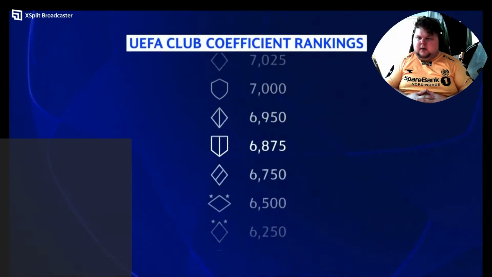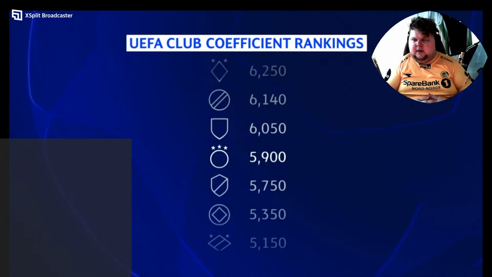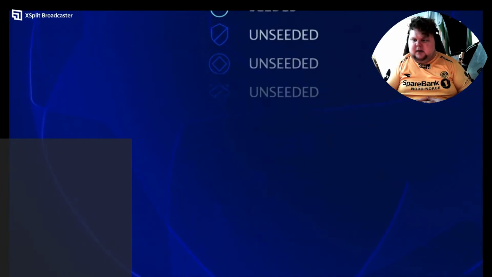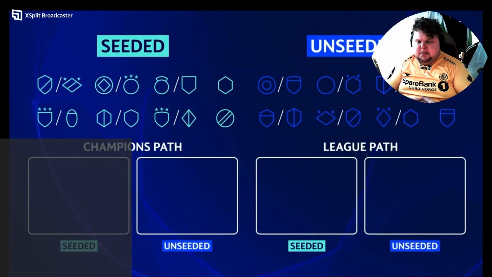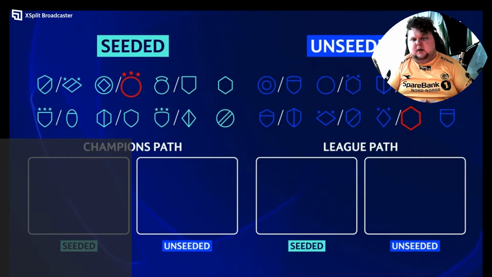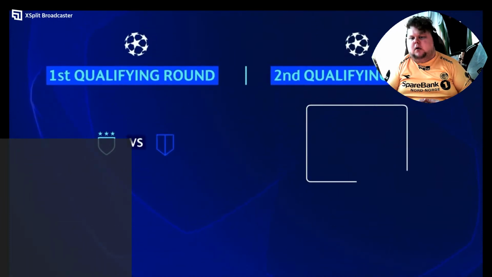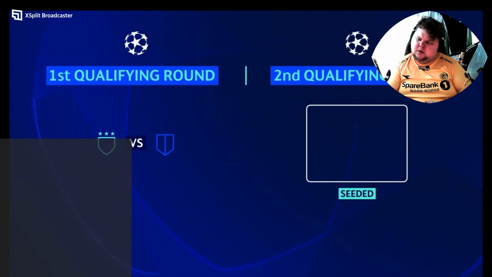Clubs are seeded for the draw in accordance with the club coefficient rankings established at the start of the season. The UEFA administration forms groups comprising an equal number of seeded and unseeded clubs. The UEFA Executive Committee has decided that teams from certain countries may not play matches against each other. Clubs from such countries cannot be drawn together. As the teams qualifying from the first qualifying round are not known at the time of the draw, the coefficient of the team with the higher coefficient in each undecided tie is used for seeding purposes in the draw.